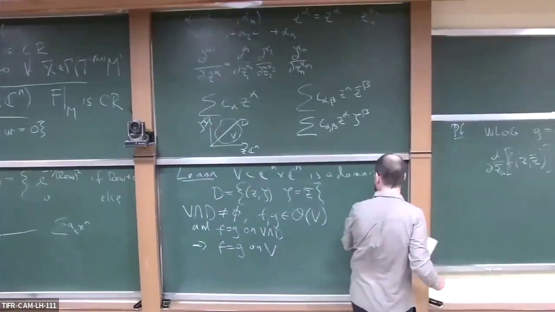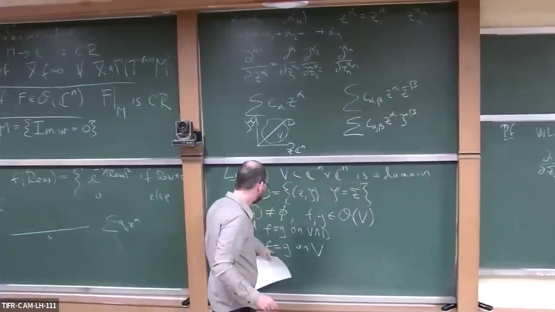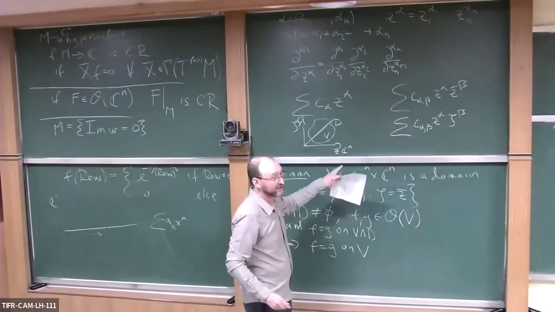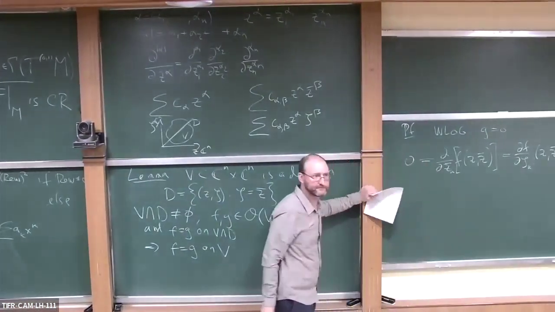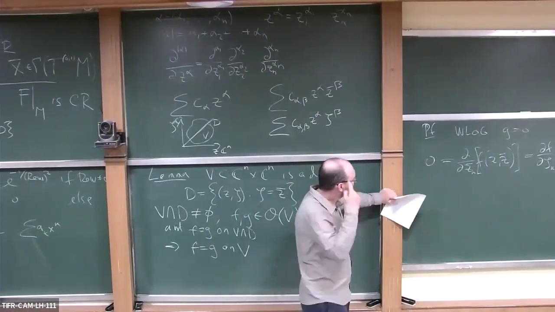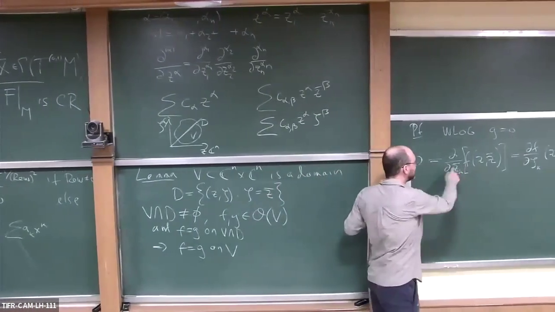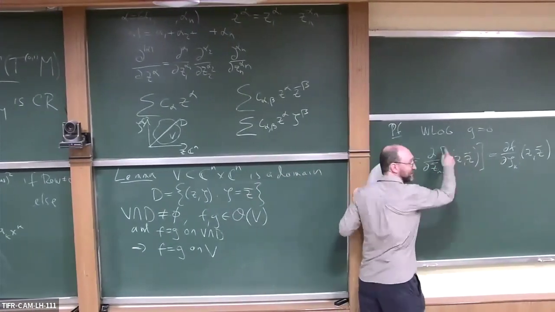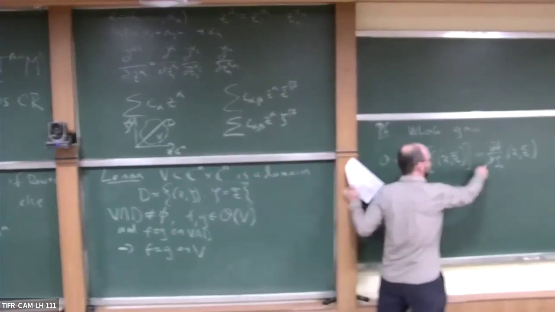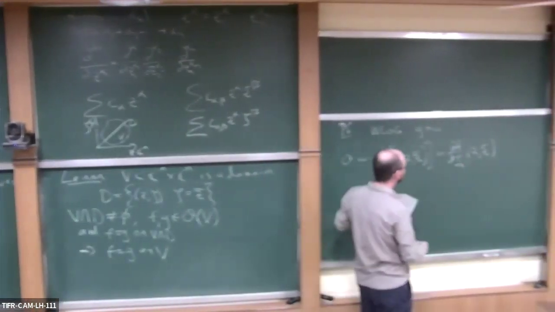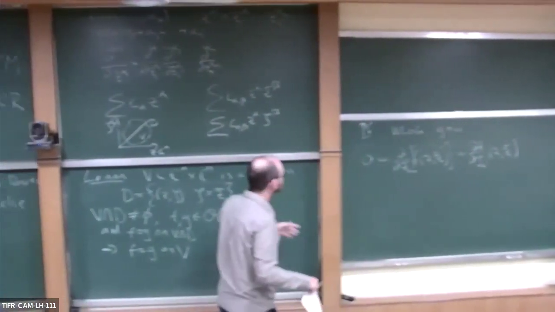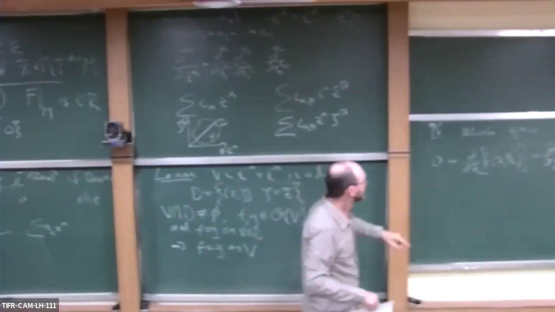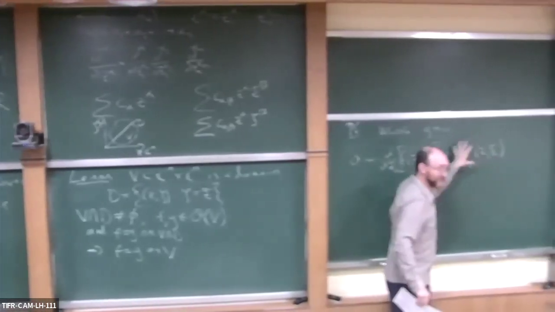We're saying G is 0, so F is 0 on the diagonal. Right? So we have it over here, this was the derivative of this composition. But it's actually the partial derivative with respect to the zeta variable, this composition.